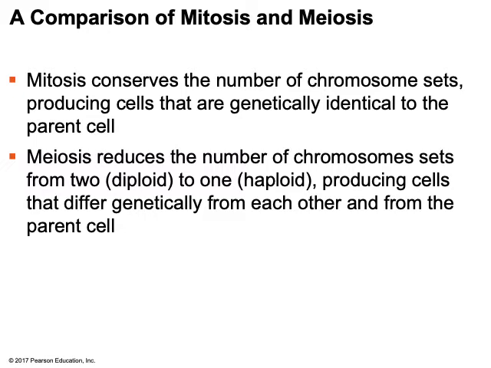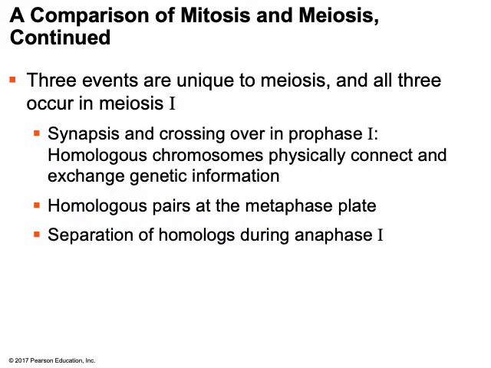We go from a diploid cell to a haploid cell. And because of how they're passed on, each one of those cells is genetically different from each other and from the parent cell. And that happens because of 3 things that are unique to meiosis.